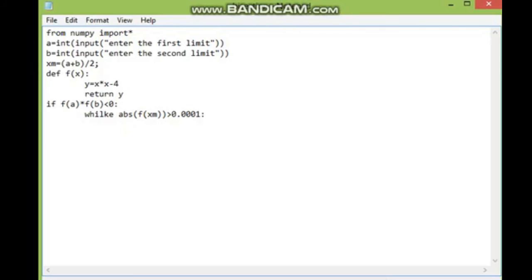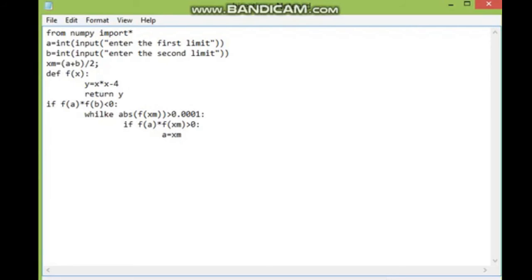Then I will check if f of a star f of xm is positive, which means that I have to replace this a with xm, a equal to xm, because you are getting a positive value for your limit, which is much closer to 0 if f of a star f of xm is positive.